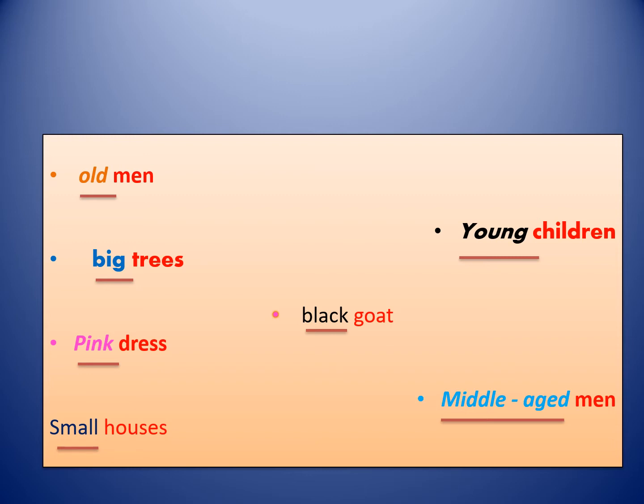What do we call a word that describes or modifies a noun? We call that word an adjective. So, an adjective describes or modifies a noun.